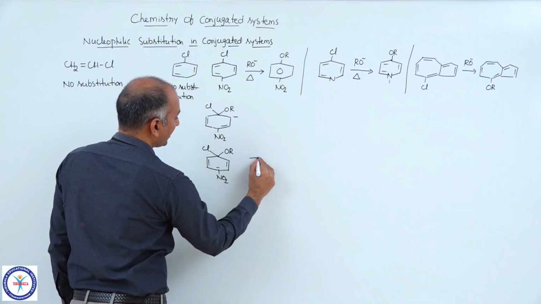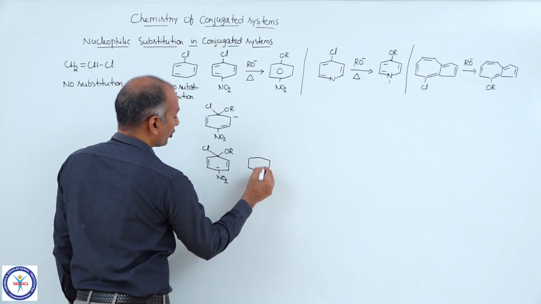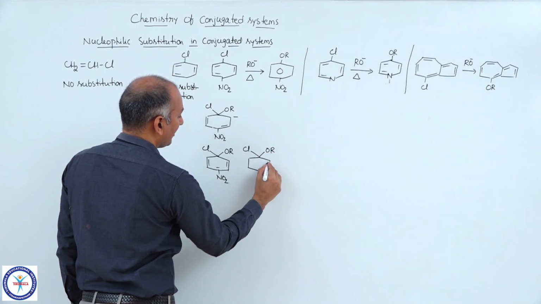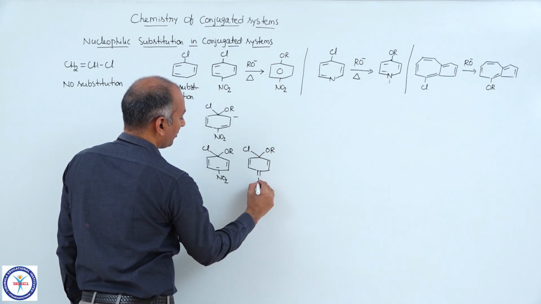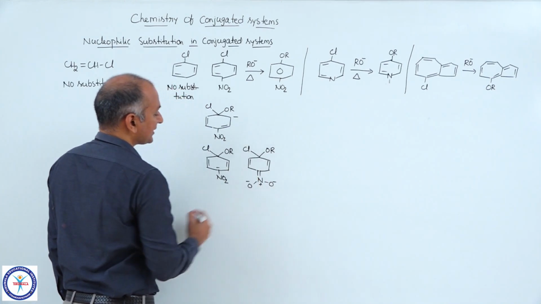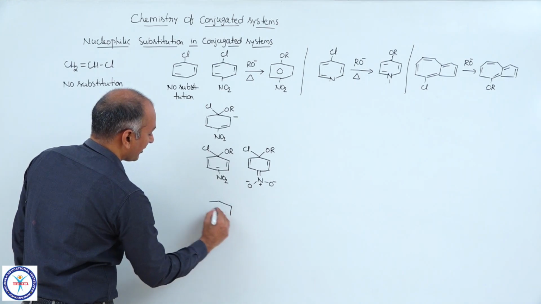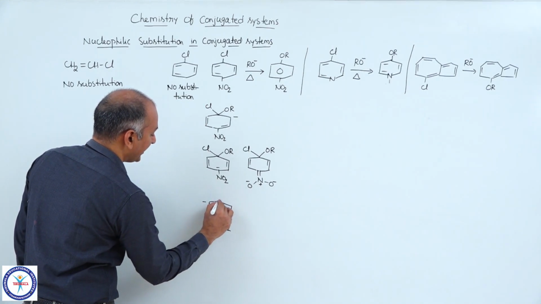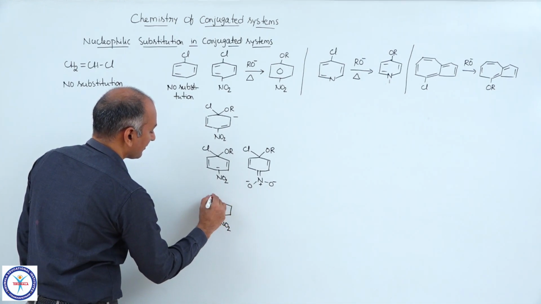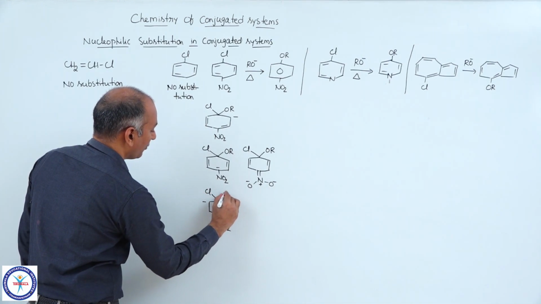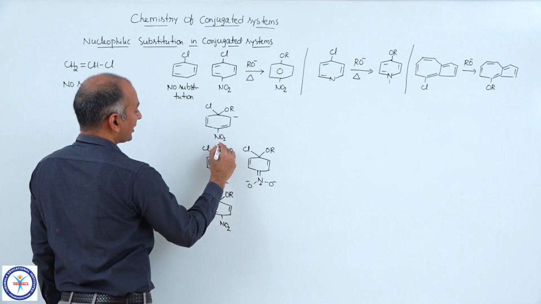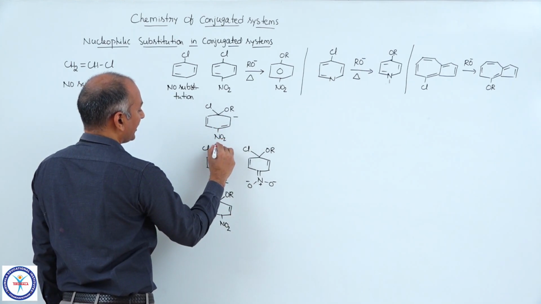And it has another resonating structure, that is NO2 is a minus R group. So, OR, Cl, double bond, NO minus, O minus, plus. And it has another resonating structure, here NO2 minus, Cl, OR, double bond and double bond. So these are the resonating structures for that intermediate.